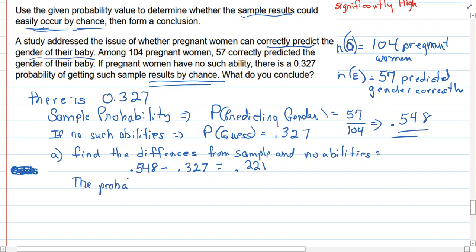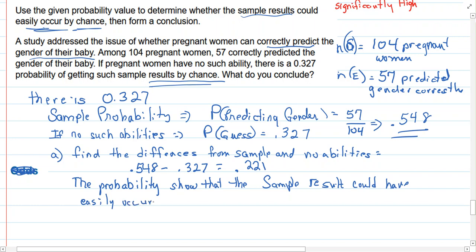Probability shows that the sample result could have easily occurred by chance. Okay? And what else can we say?